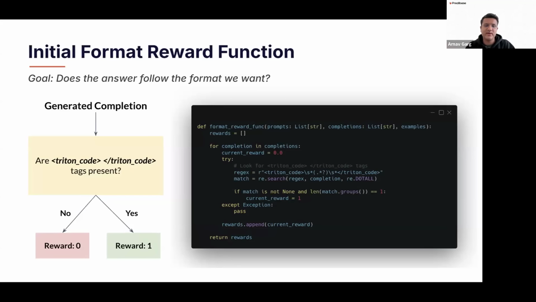Otherwise, you get a reward of 0. So the idea is that over time, it will probably try to produce these tags, and we'll tell it to do that in the system message. And whenever it does actually produce this, we'll say, you did well, you get a reward of 1, otherwise you get a reward of 0. And this is what we're going to look for to extract our code out to then execute it later. So we wanted it to learn this pretty quickly.